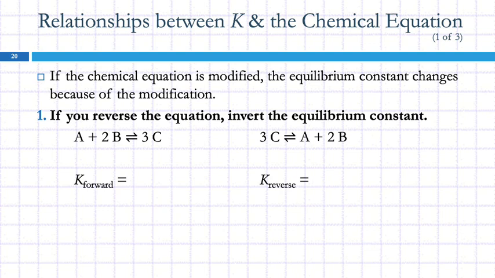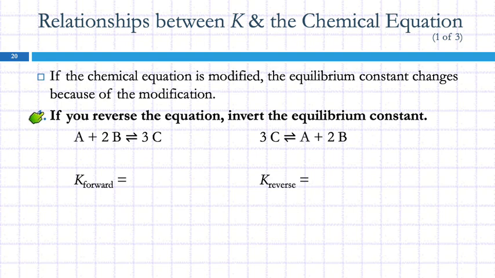We have similar rules for adding equations and combining equilibrium constants. But the way I think of this, we added or multiplied with the delta H. Here, instead of multiplying, we're going to raise to a power.